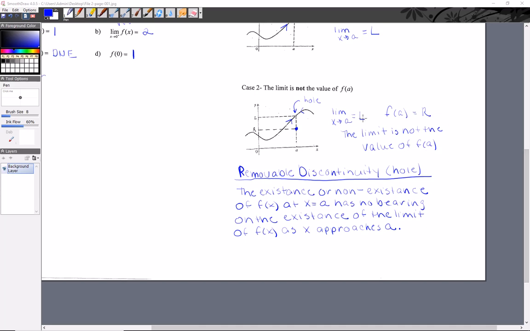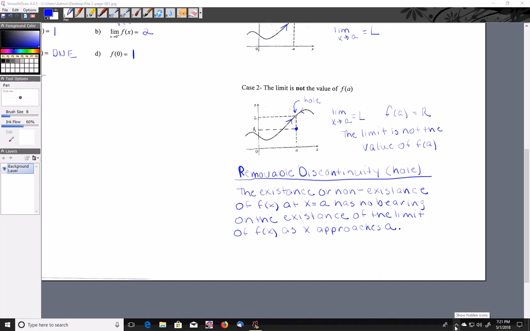So we could have just left this point off and have this function be discontinuous at a, and we would have said that f of a does not exist if this point were not here and the hole was. But the limit does exist, because it's almost like thinking about this as a manhole cover. We can't stand on it, but we can identify its position. So removable discontinuity, jump discontinuity, all have implications for limits. So it's time to go to another page, so stand by while we do that.